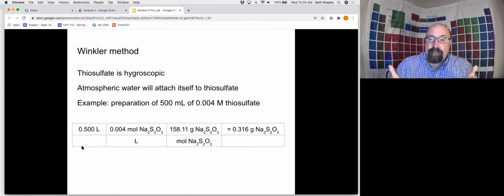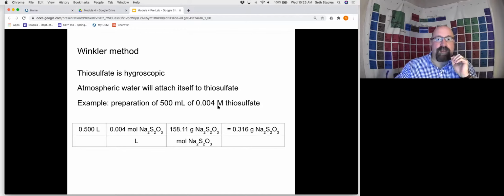For example, in this lab, we want to prepare 500 milliliters. This is what task 1 is sort of all about. We're going to prepare 500 milliliters of 0.004 molar thiosulfate. And we've looked at this calculation before.